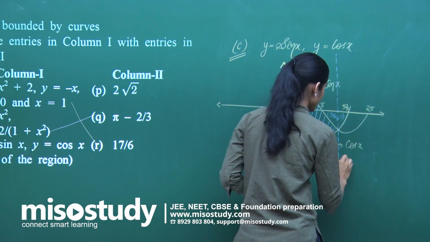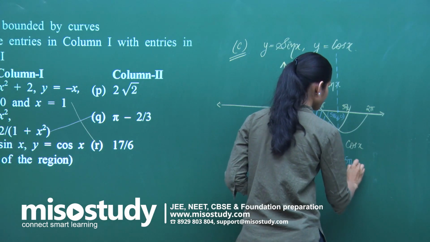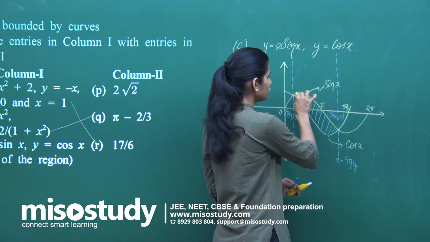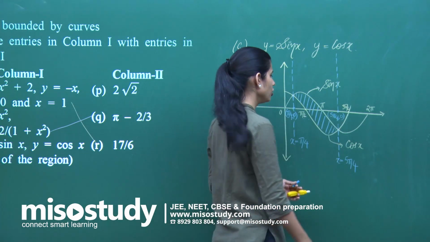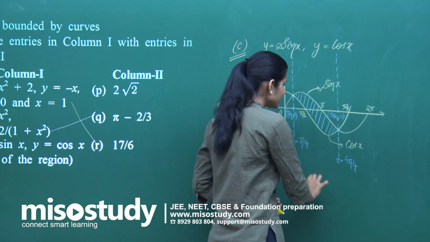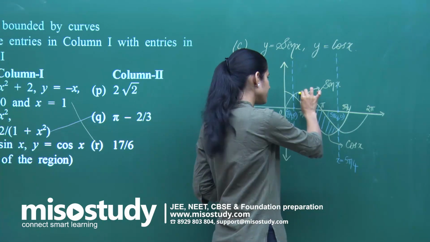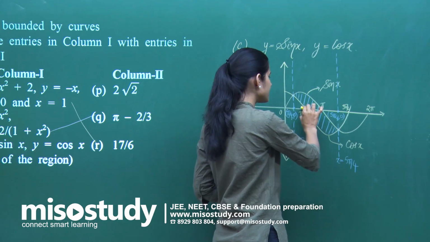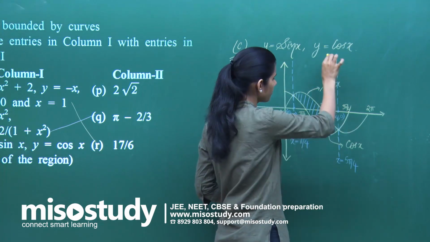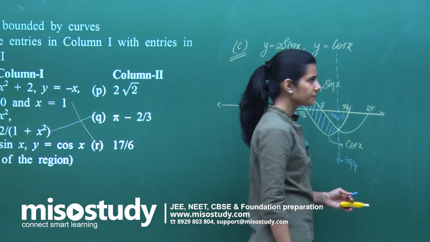So this line is x equals 5 pi by 4. So how do you compute this area? Basically what you do, this is sin x, so sin x minus cos x. Everything below sin x minus everything below cos x will give you this area when you integrate it from pi by 4 to 5 pi by 4.